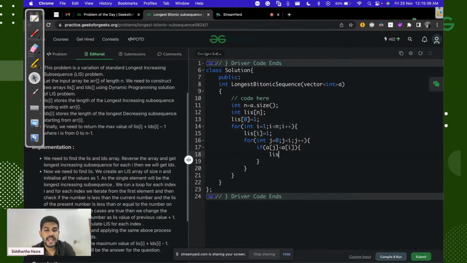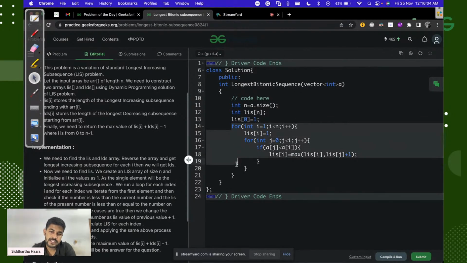Then lis[i] = max(lis[i], lis[j] + 1). Like I would see whether considering him would improve me or not. Considering him and myself, that would be my answer. Okay, this is longest increasing subsequence.